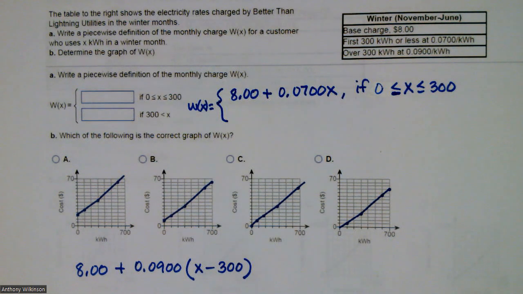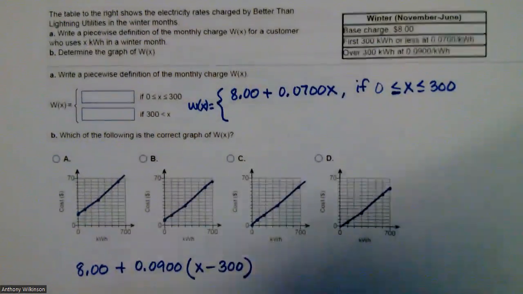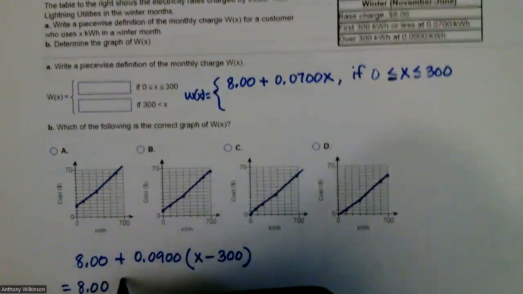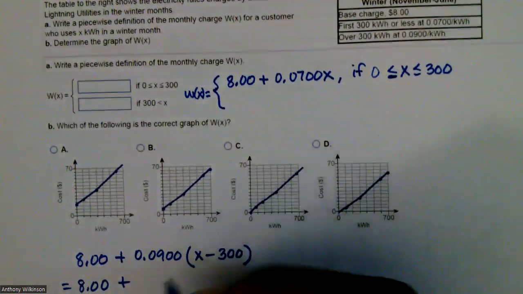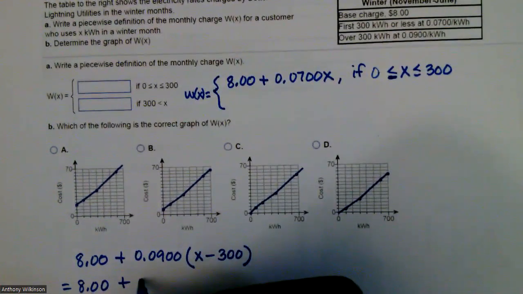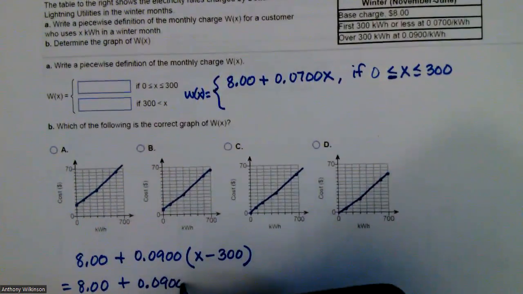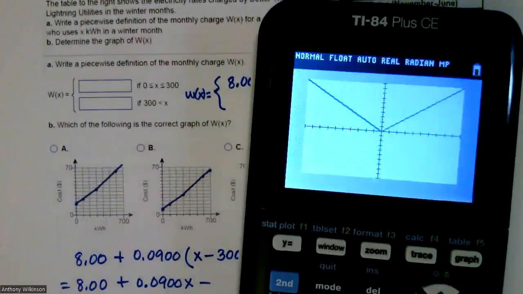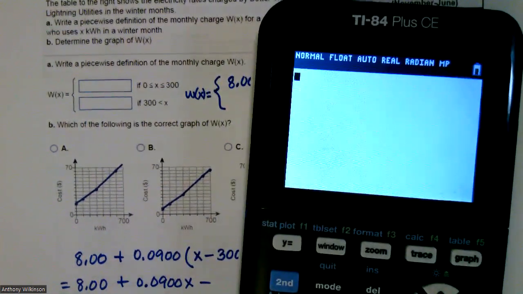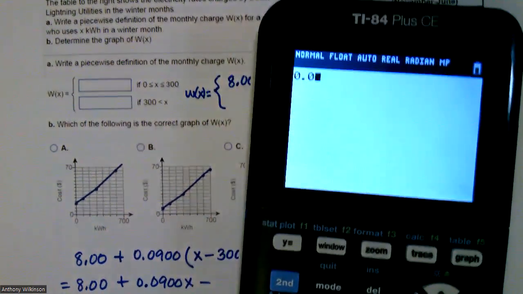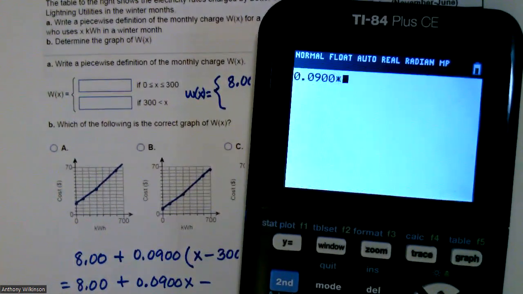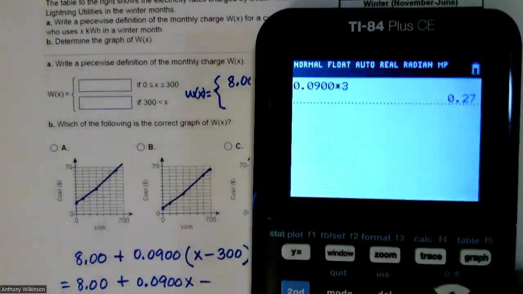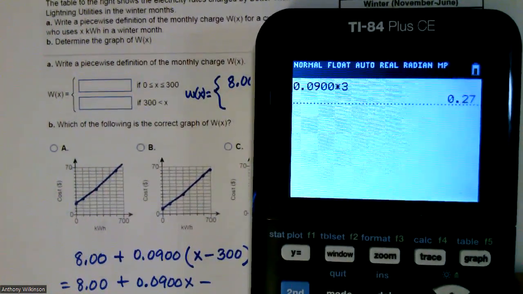Now we need to simplify this expression using the distributive property. If I distribute the 0.0900 over the parentheses, I have 0.0900x minus, and if I do 300 times that 0.0900, I get 27.